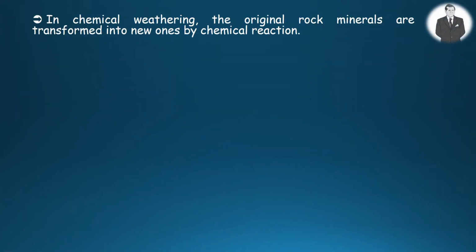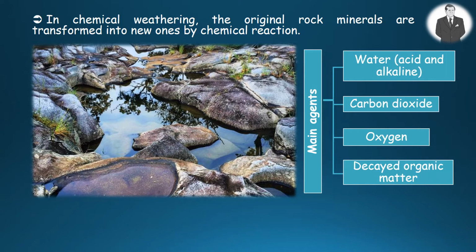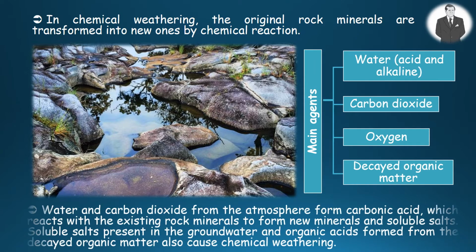In chemical weathering, the original rock minerals are converted into new ones by chemical reaction. The main agents in this process are water, carbon dioxide, oxygen, and decayed organic matter.